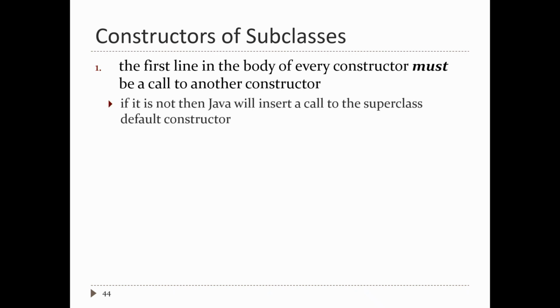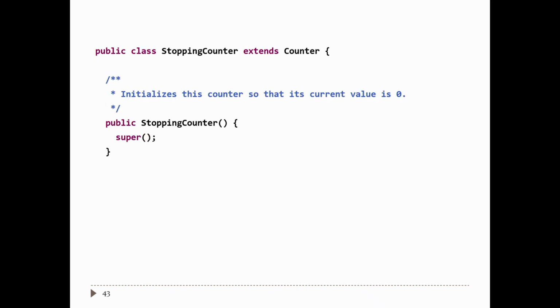Now, we haven't done this yet in the course. When we made Point2 or Counter, if you look at their constructors, they don't call another constructor. What's happening there is that the compiler is inserting a call to the superclass no argument constructor for you. In other words, if you don't write that, the compiler is writing that for you.